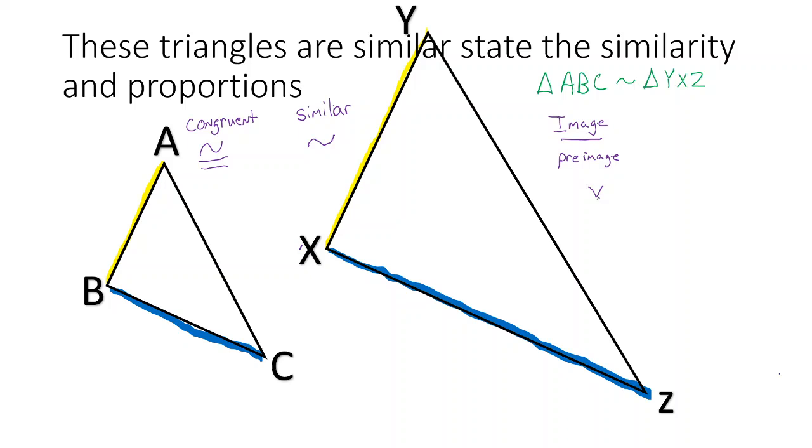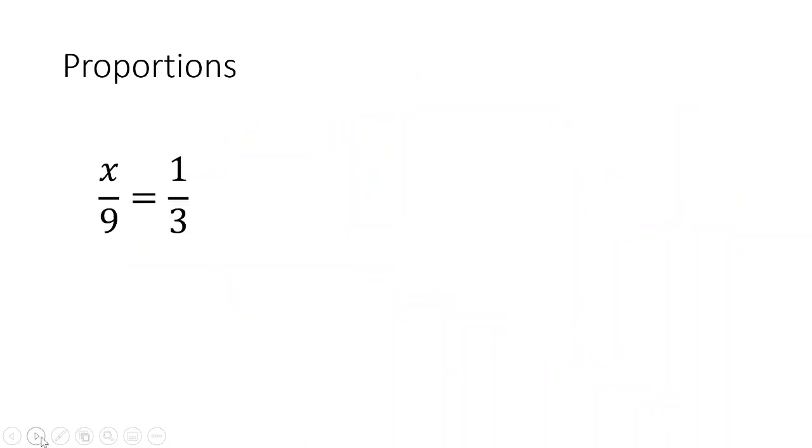It's YX, the image, over the pre-image AB is proportional to the image XZ over BC, which is proportional to, I'm going to use the last side of my triangle, YZ to AC. Does that make sense? I hope so. If you've got any questions, let me know. Give me a phone call or send me an email.